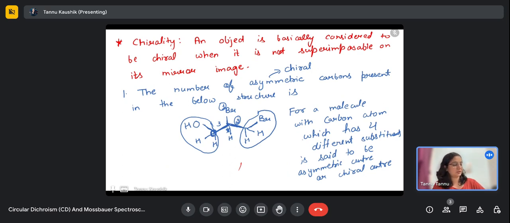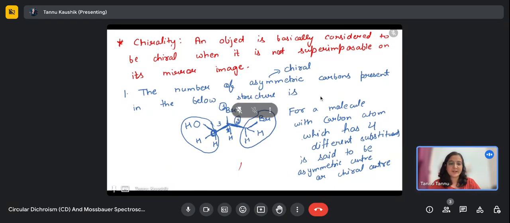So just a minute, I'll show you some tutorial. Okay, I'm sharing my screen with you where you can visualize it in 3D.